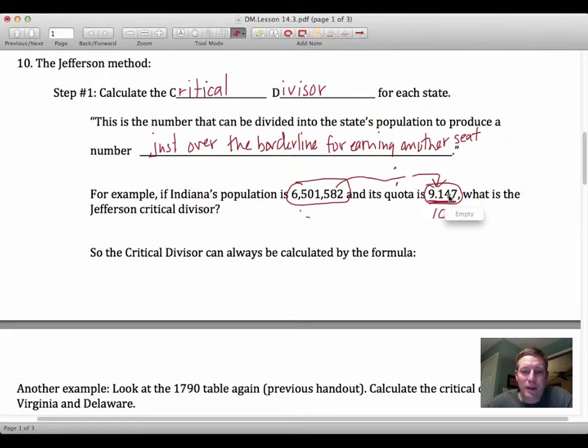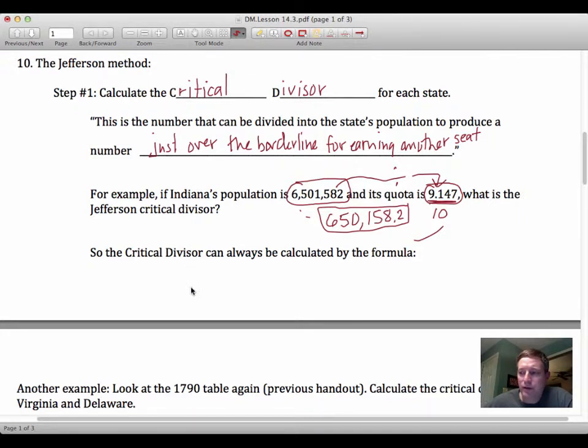They would like to earn 10. So Indiana would like to earn their 10th seat. And so when we divide that, I guess I can do that in my head because you just divide by 10. That'll be 650,158.2. That would be the Jefferson critical divisor for Indiana.